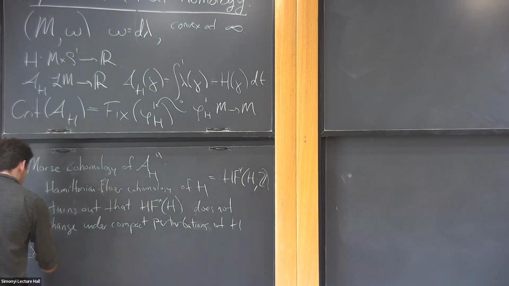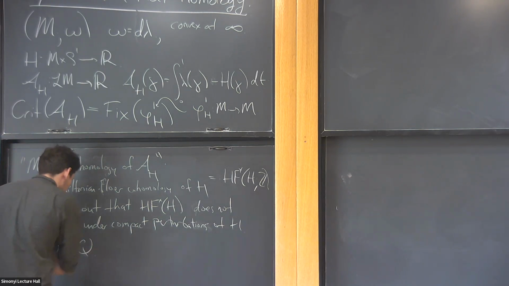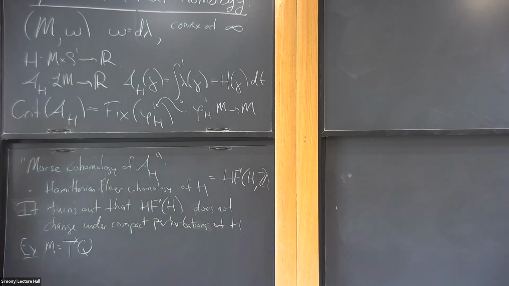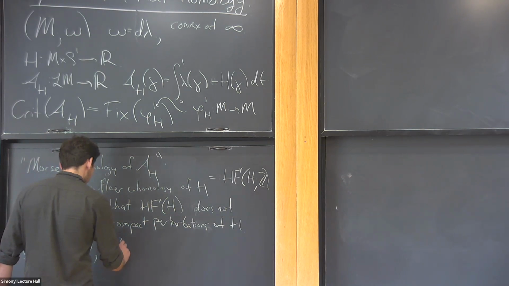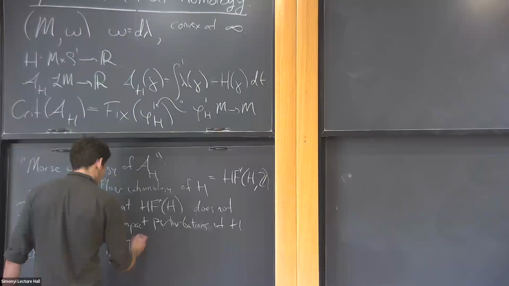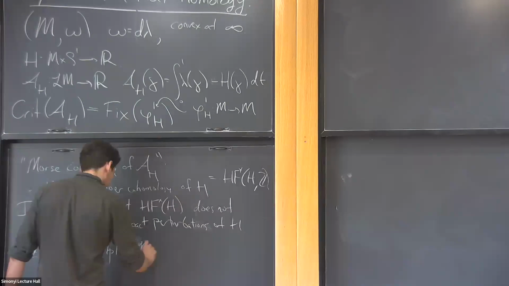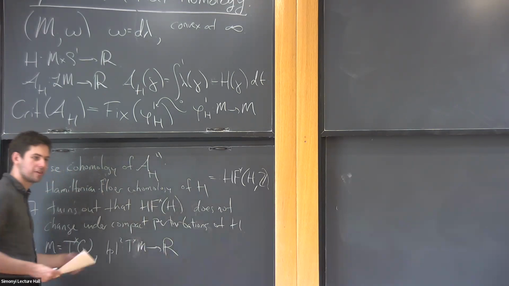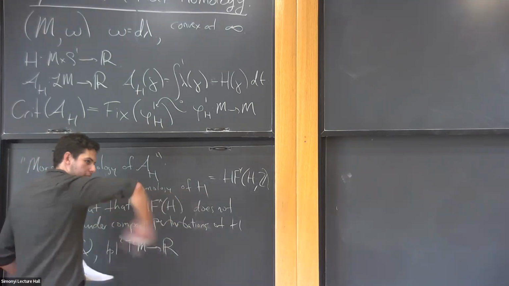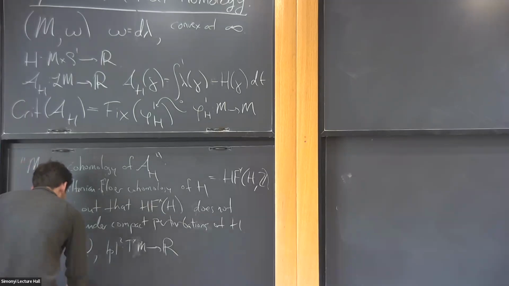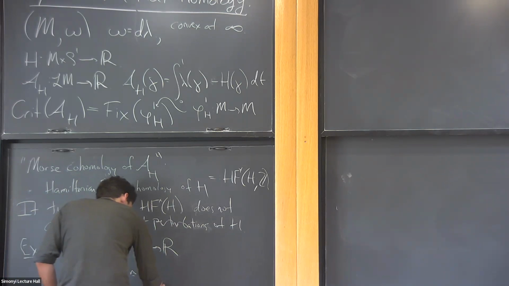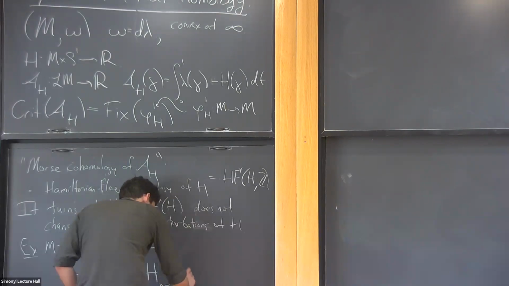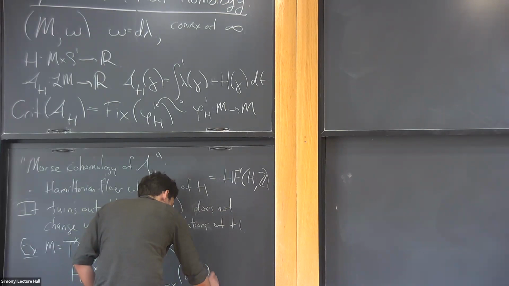If you have M, this is maybe one of the two fundamental examples. If you have a cotangent bundle of a Riemannian manifold, then there's the function norm p squared from the cotangent bundle to R. This is the Hamiltonian for a free particle. And if you have a free particle moving around on your manifold, then HF of this is the same, up to some shift, as the homology of the free loop space of your manifold.